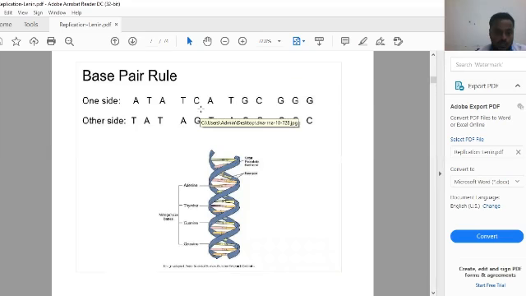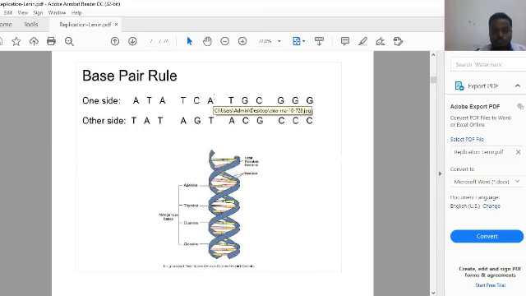Suppose any base pairs are mutated here. Adenine pairs only with thymine and cytosine pairs only with guanine. But with a mismatched base pair, for example guanine replaced by cytosine or cytosine replaced by guanine, this process is called a single nucleotide polymorphism.